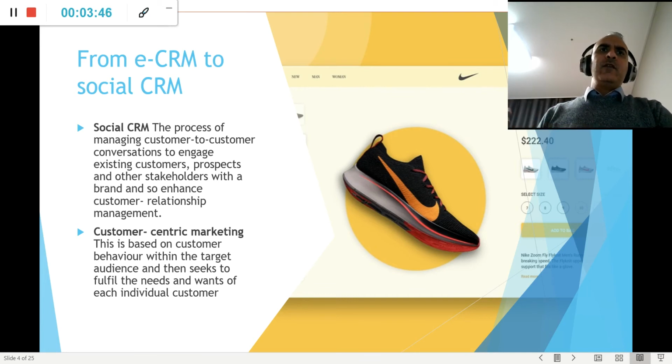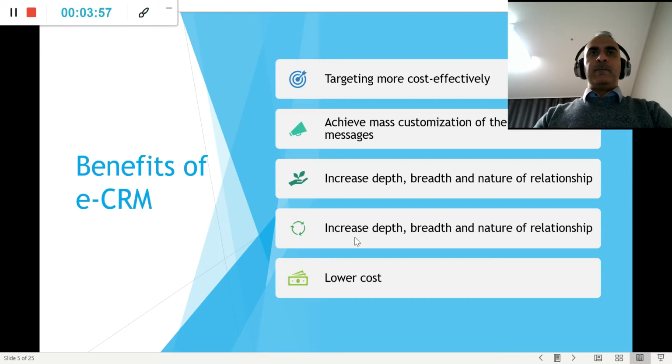In this case, we are looking mostly into filling the consumer needs. But now we have more information that we can collect in order to understand what they really want, right? Some of the benefits, like I said, are that we target more cost effectively.